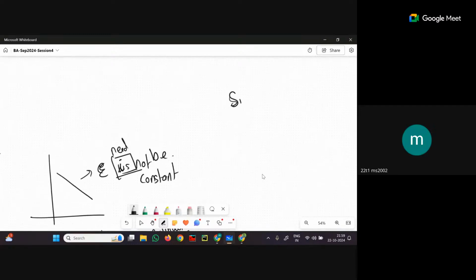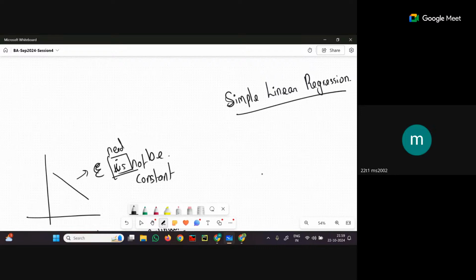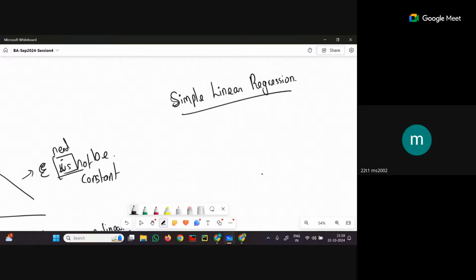This is the name of the technique, SLR. Why is it called regression? Why is it called linear? Why is it called simple? Any guesses, anyone?